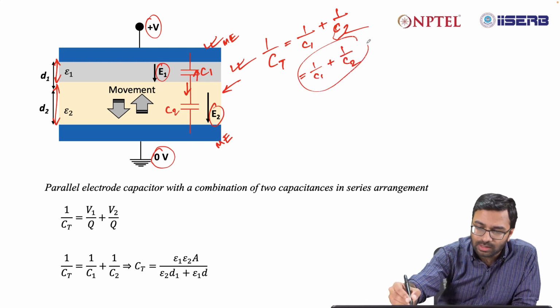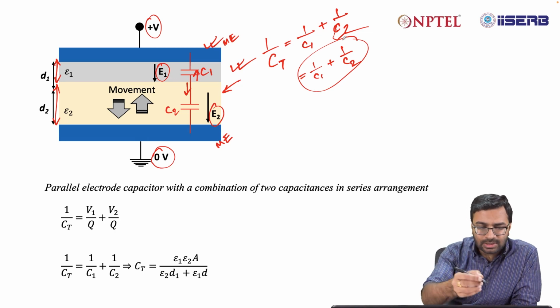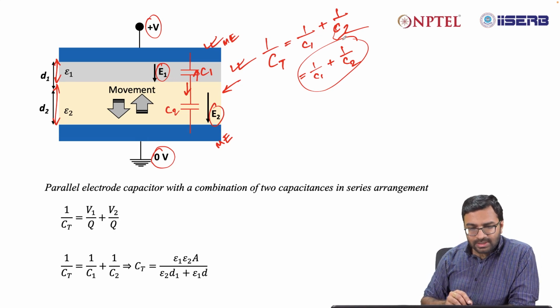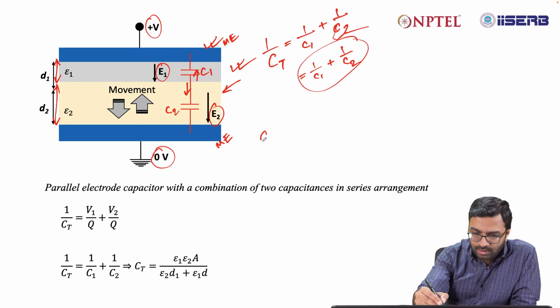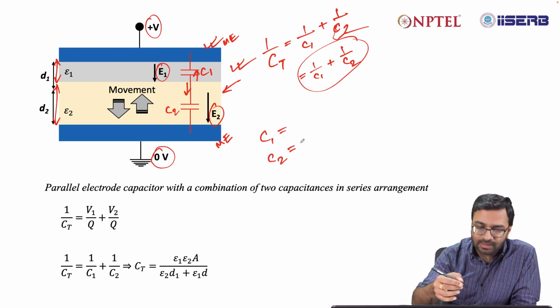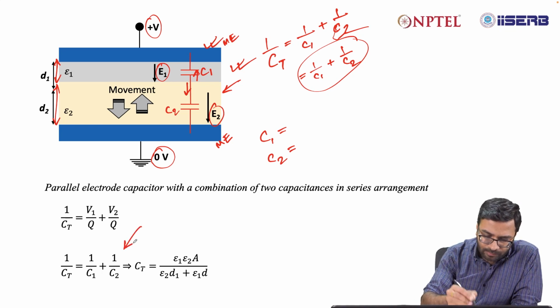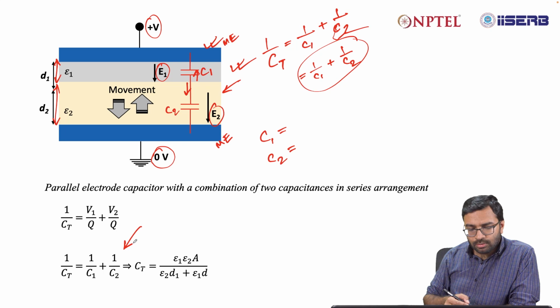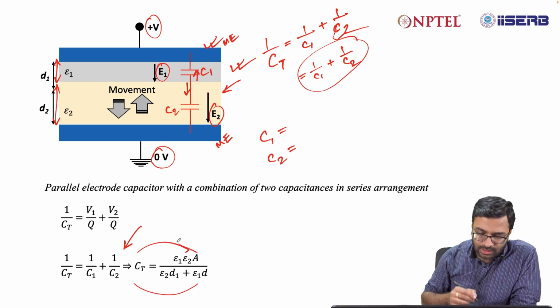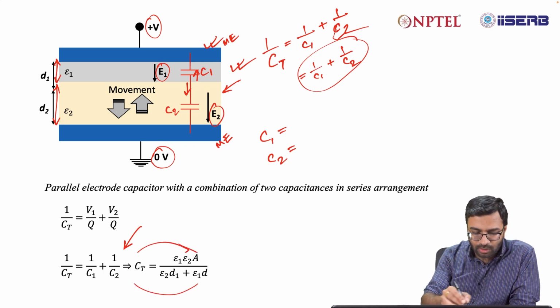So this is your total capacitance value. Now, in this case also you can very easily calculate the value of C1 and C2 the way we have calculated in the previous case. Put those values over here and you will be able to get the total capacitance. So this is the reciprocal of total capacitance.